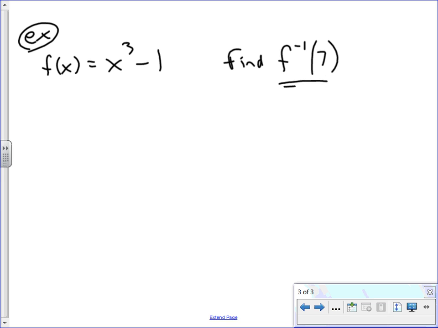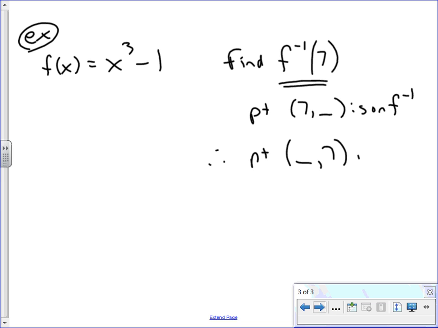So this means that the point 7 comma something is on f inverse. Therefore, the point something comma 7 has to be on the original function, on f of x.